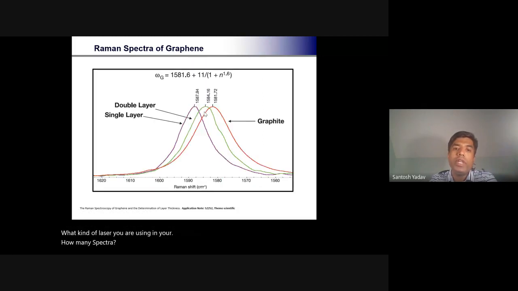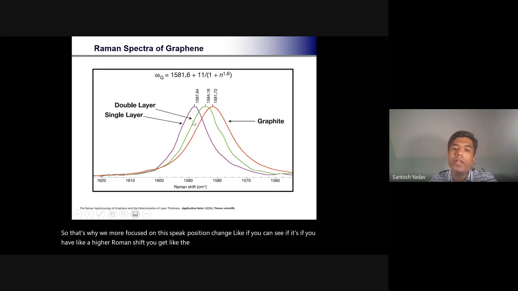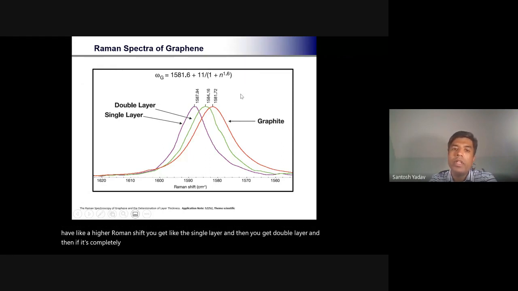That's why we focus more on the peak position change. If you have a higher Raman shift, you get a single layer, then a double layer, and if it shifts completely, a graphitic layer. So we could use this formulation: if you plug your peak position of the G peak in here, you can calculate the number of layers using this simple equation.